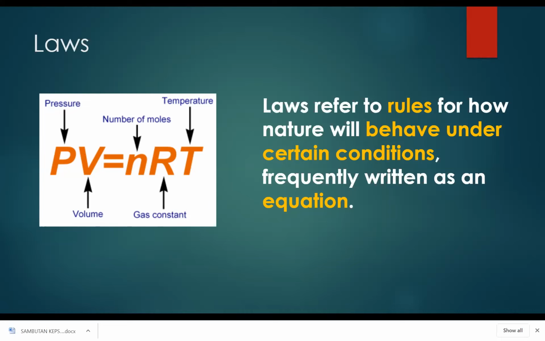So this is the characteristic of laws, and it must explain the behavior under certain conditions. A theory explains the behavior of particles, for example, in a brief or comprehensive way; in a law, the behavior must be measured under certain conditions. For example, if you want to measure the pressure here, the condition must include a volume and a number of moles, and there is R here that also affects the pressure, not only the temperature. So there must be a certain condition for this.